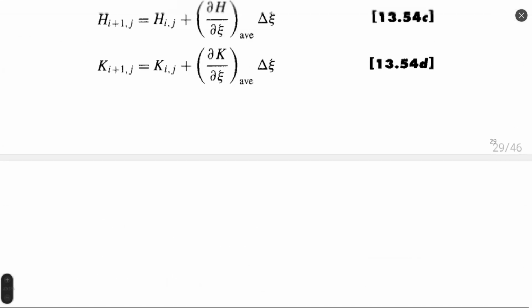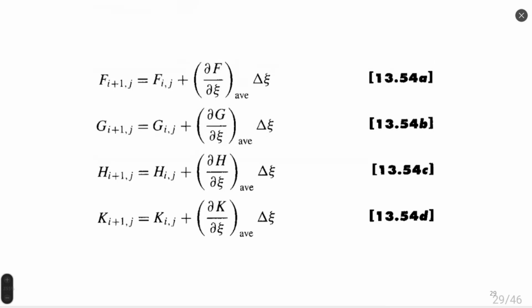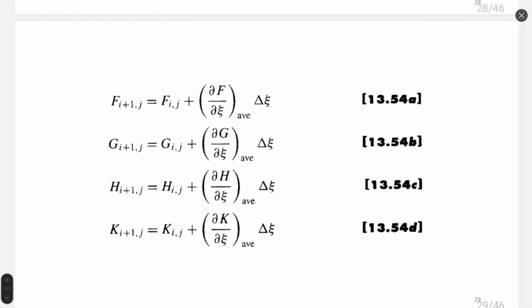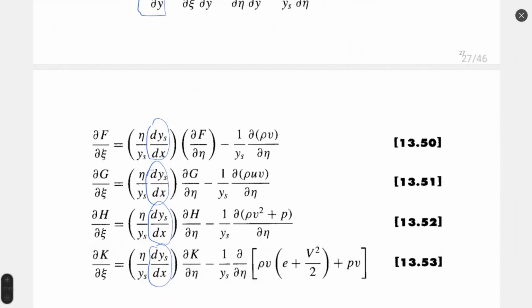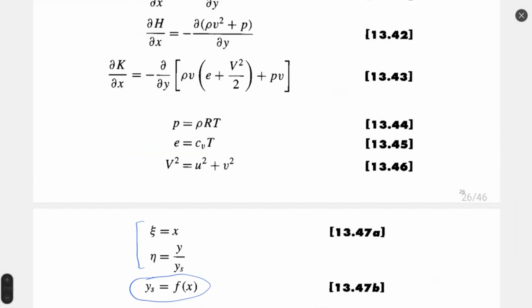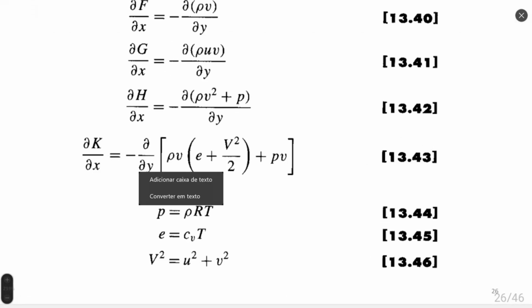Okay, then solution. Solution is obtained in the simple way that you can see on equation 54 A to D for all flow parameters. Here, F, G, H, K are flow vectors of flow parameters. Definition of these parameters was here.